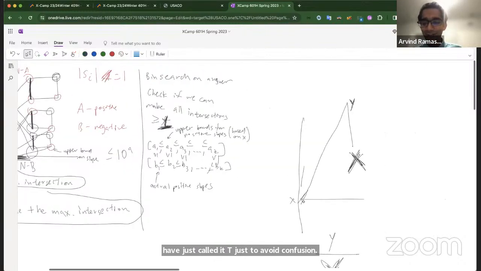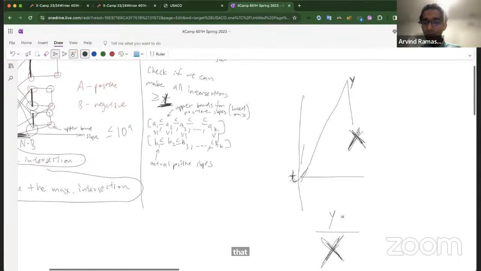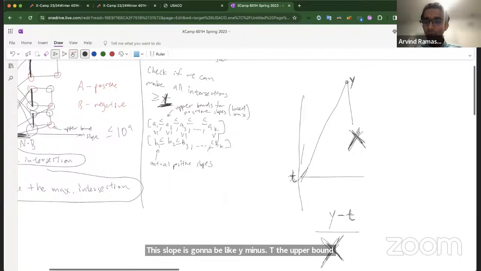Basically the idea is that the slope is going to be y minus t. The upper bound for the slope that's connected to this vertex is going to be y minus t over x. If I have that the lowest point is greater than or equal to t, the slope must be at most y minus t over x.